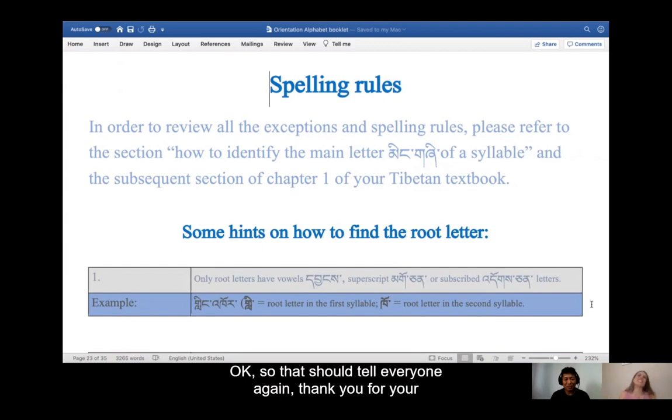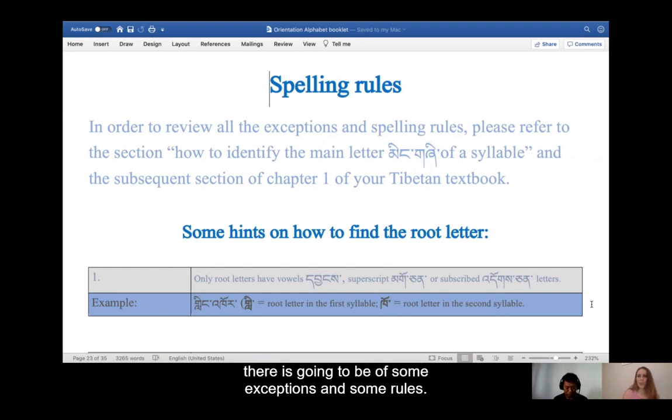Good. Okay, so tashidele everyone again. Thank you for your patience as I set up the page. All right, so in this lecture, we are going to talk about most of the spelling rules. Now you all know how to recognize all of the different elements in a Tibetan syllable, and we have walked you through all the stages of how to pronounce each one of the elements that can be embedded in order to make a full syllable.